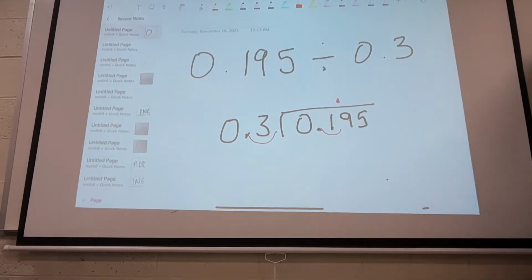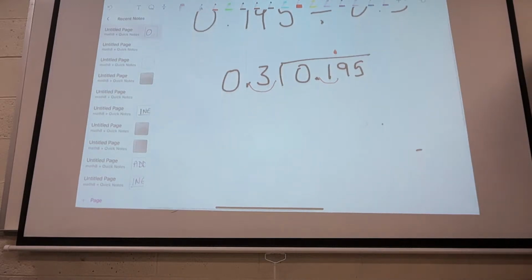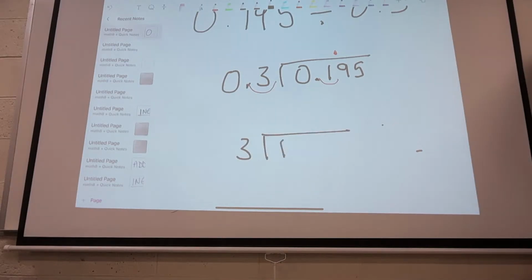Okay. So now I am going to rewrite my division problem. You watching this, JJ? 1.95. Okay. I just rewrote it without the extra zeros and the decimal points that I moved. So 3 cannot go into 1.